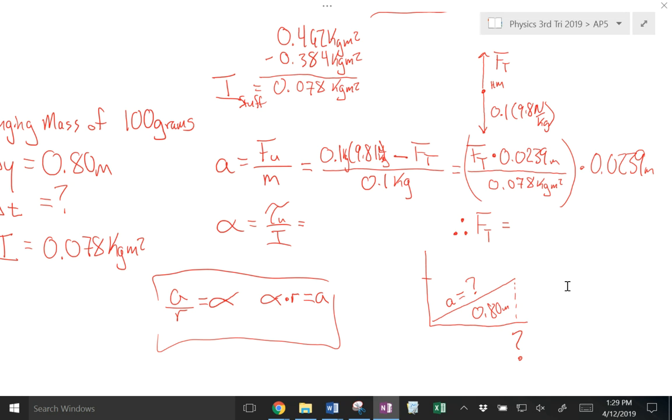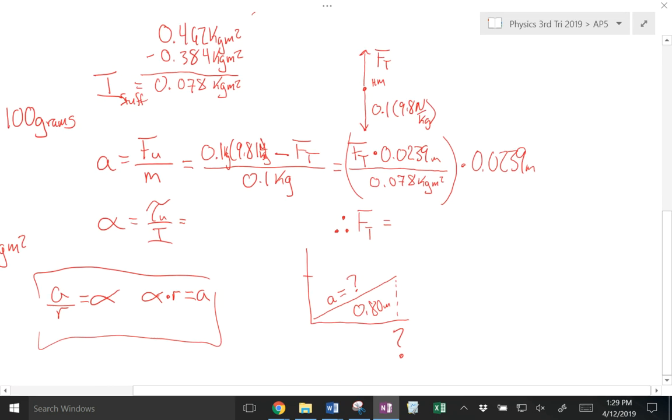So when you solve, does it normally come out as a negative number?